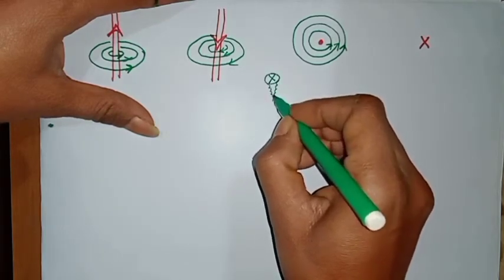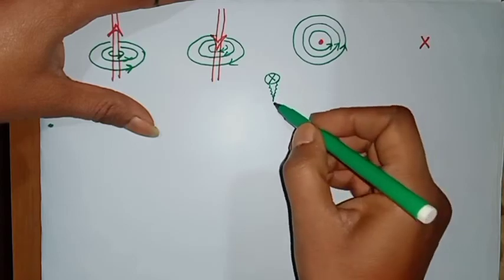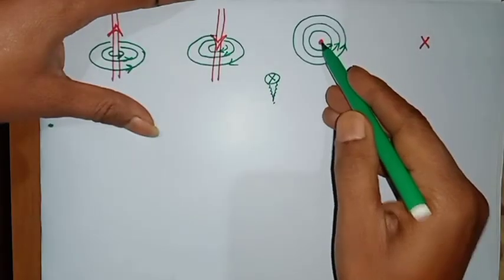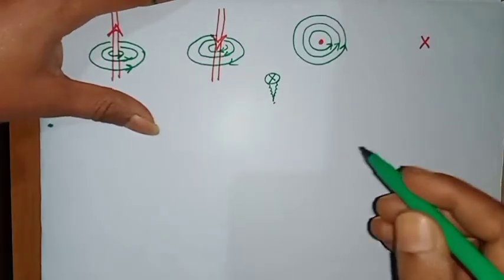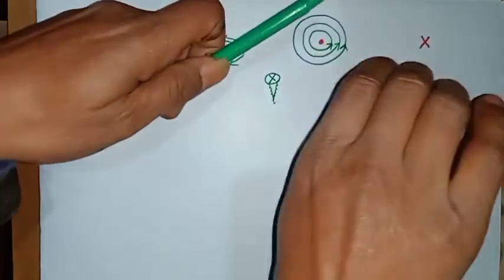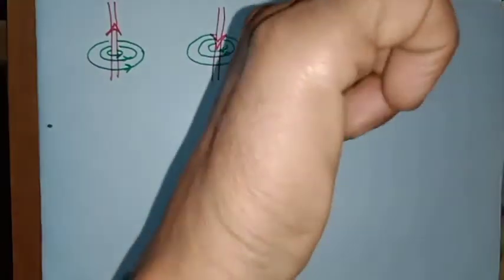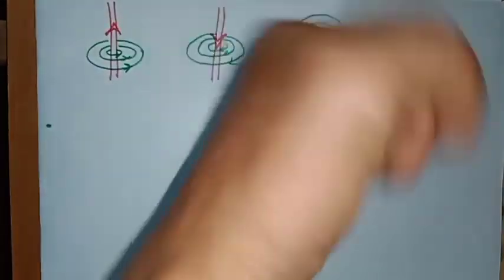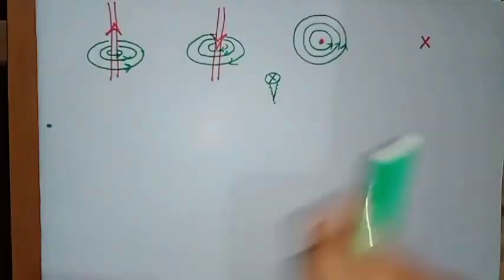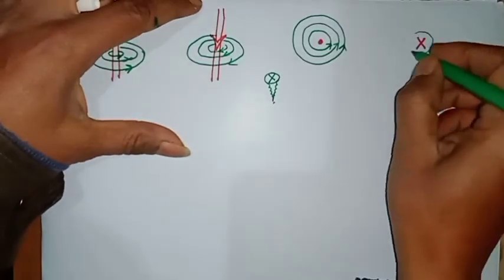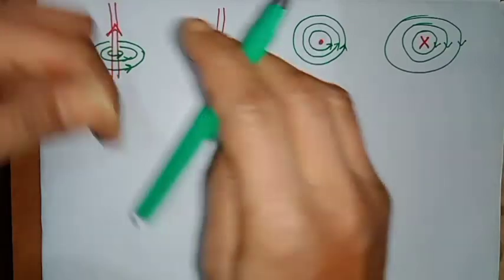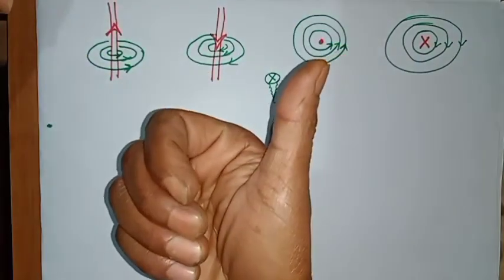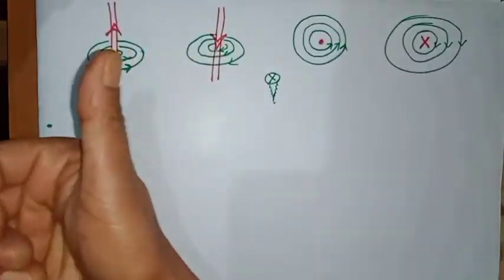So if we see this side coming toward us, we'll see dot, and if it is going away from us, we will see cross. So this is the idea behind this. But now, if I grip it, current is going downward, like this thumb is going downward, then curl of the finger is going this way, clockwise. See, you don't need to memorize these, just use thumb and curl of the fingers only. You have to align that thumb along the direction of current only.